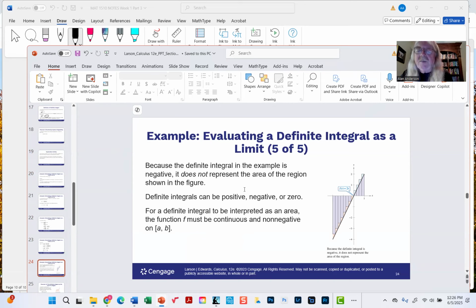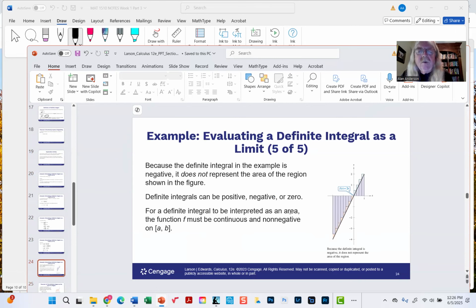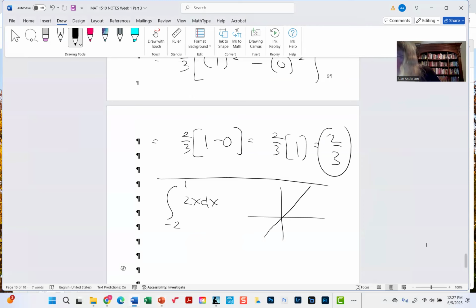We have an issue here because some of it is below the axis and some is above. That means that -3 can't be right. I don't know why they picked this example, but what you can do is break it up into two pieces and integrate each one separately if you need the actual total.